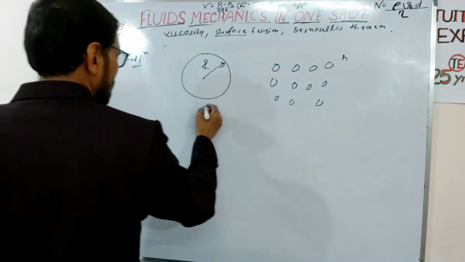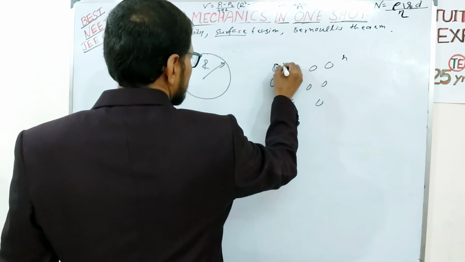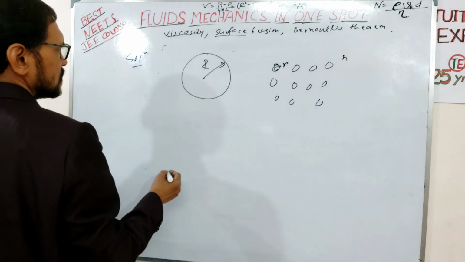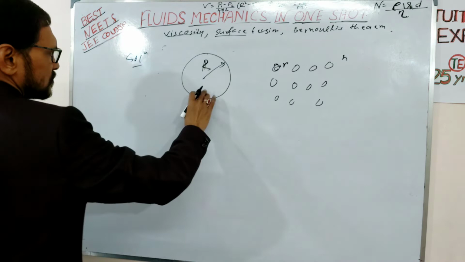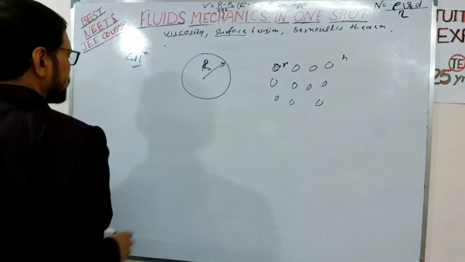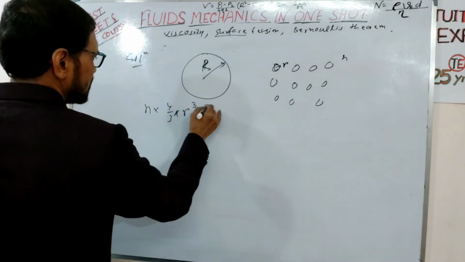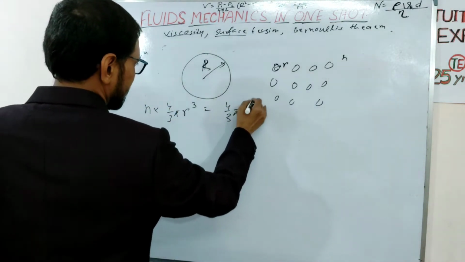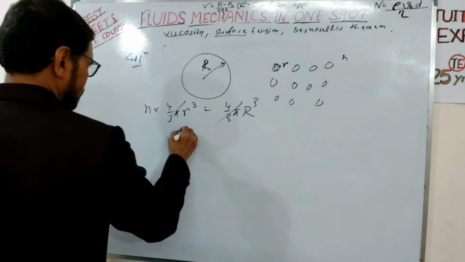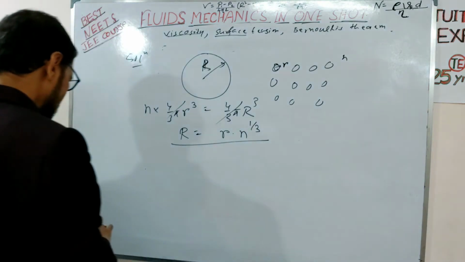The volume of the n small spherical droplets equals the volume of the big drop. So n into 4/3 pi r cube equals 4/3 pi capital R cube. So this cancels, and r equals R into n to the power 1/3. This is the relation between R and the smaller r.